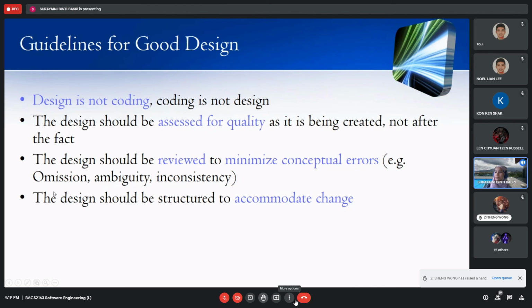That is what it means by the design should be structured to accommodate change, by fulfilling all of the four quality metrics that we have learned previously.